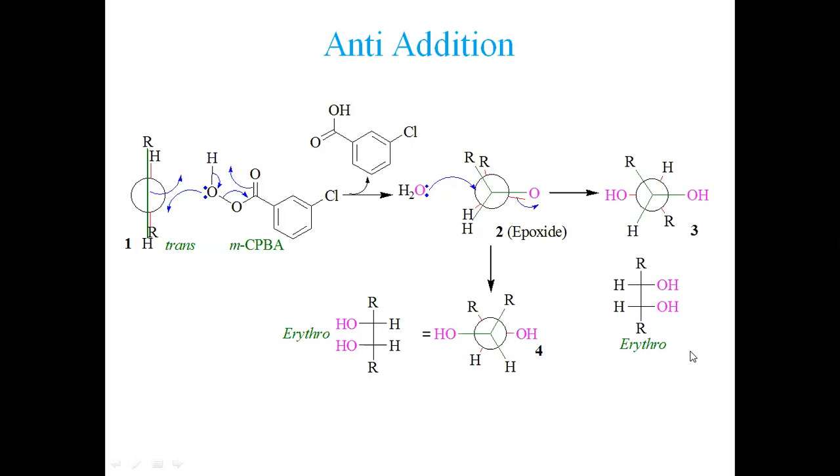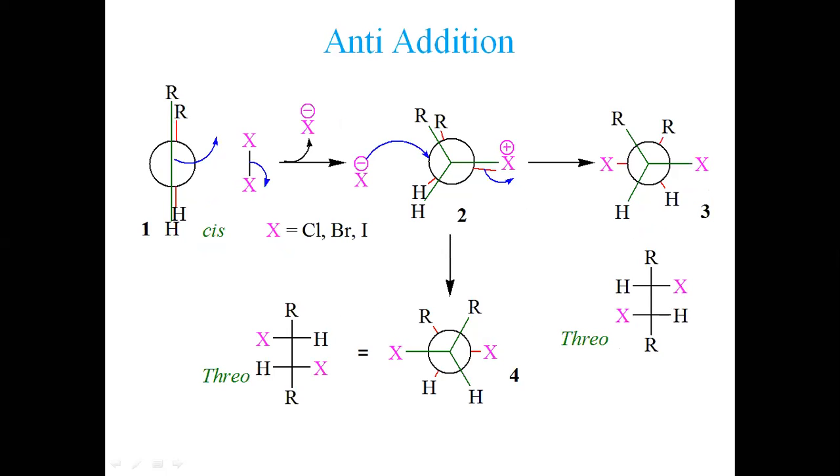Now you can see this product and this product, both like atoms are on the same side. So here these are resulting erythro. Look at this example and the previous example. In both examples, anti-addition is taking place. It takes place in one step, generating an intermediate, then it forms the final product.